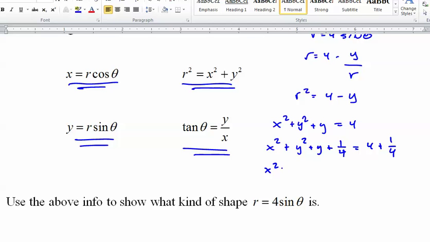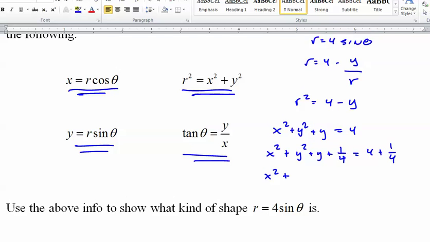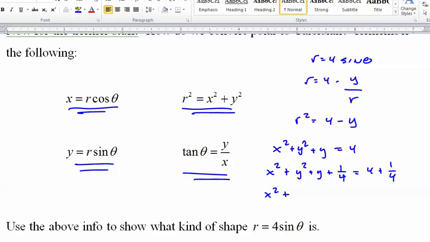We should get something like x squared plus, I feel like I've made a mistake in here. Yes, I did. I thought it was a minus y. It's a times y. r squared equals 4y. Knew something was wrong.